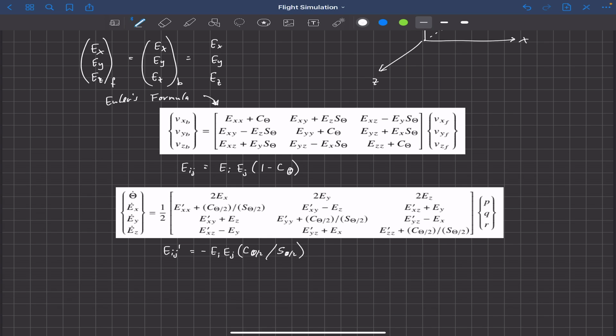Okay, so you can see a lot of those terms show up in here. Cosine of theta over 2, sine of theta over 2. They show up right in here. And then in all of these prime terms as well, we've got the cosine theta over 2 over sine of theta over 2. Okay, so anyway, this completes the Euler axis formulation, and you could use this in flight simulation.